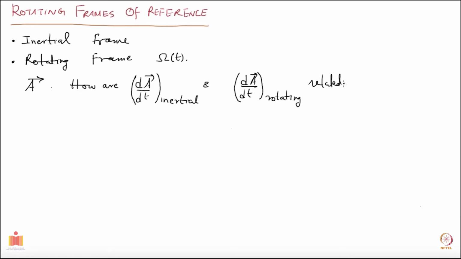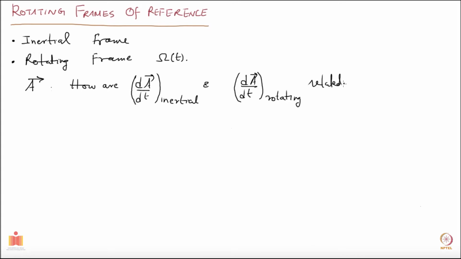Now how are we going to proceed with this? Whenever such questions arise, think of a prototype of a vector. What's the basis on which vectors have been defined? The prototype is the position vector. So imagine a position vector of some point which is not changing with time in the rotating frame. If that vector is not changing with time in the rotating frame, it means dA over dt is 0.